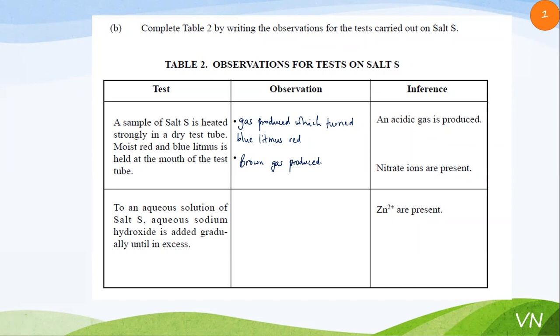All right, good. So let me just go through that. The first observation here is going to be that we have a white precipitate. All right, good. So I see some of you get that. White precipitate, and what happens to it in excess if zinc ions are present? Good.